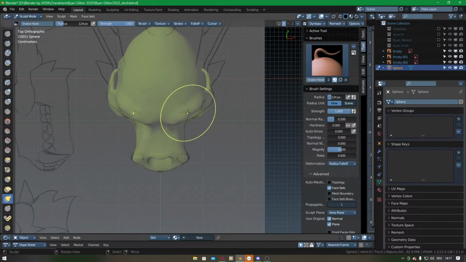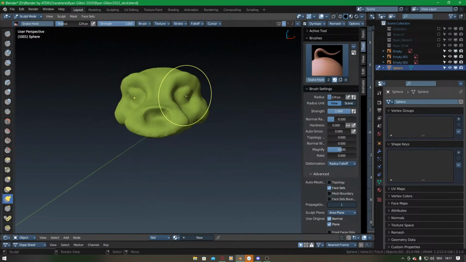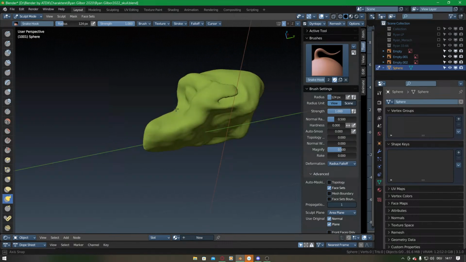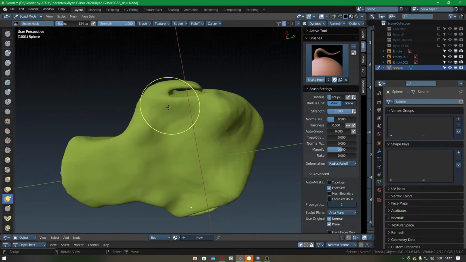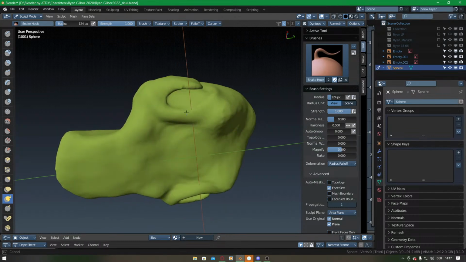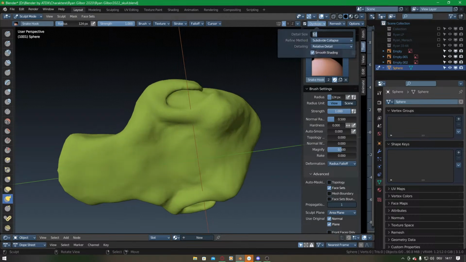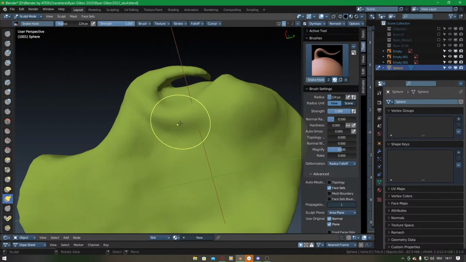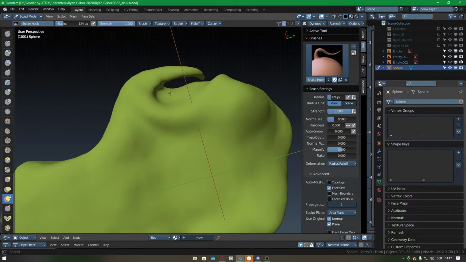The eyebrows are more like this. And this is more like that. And I have to move this in a bit. Give me a 10. If it's a 10, it's a lot easier to smooth.